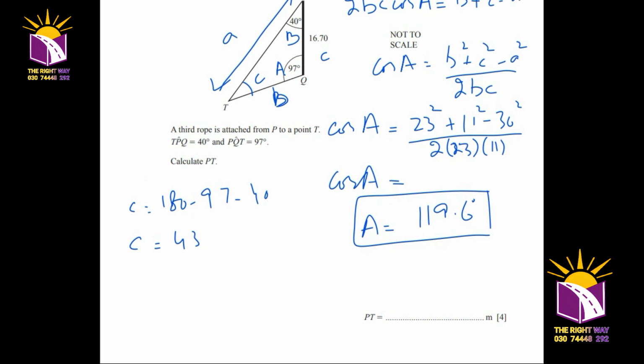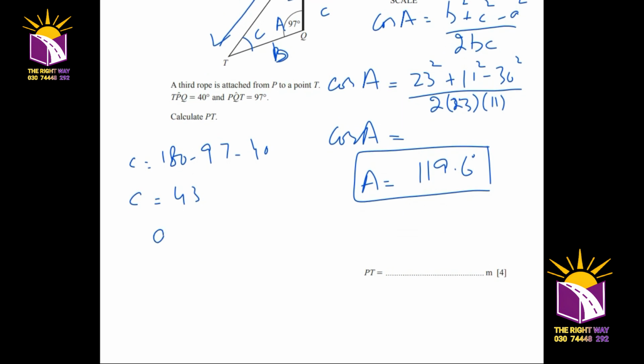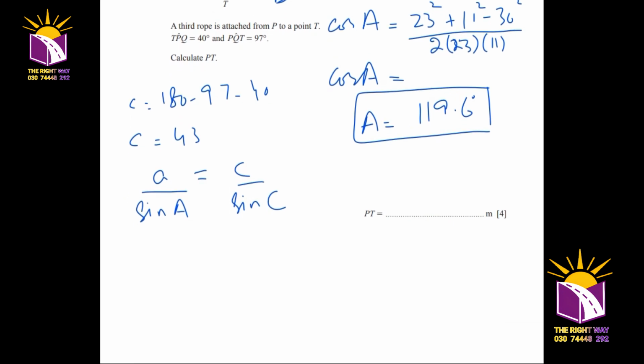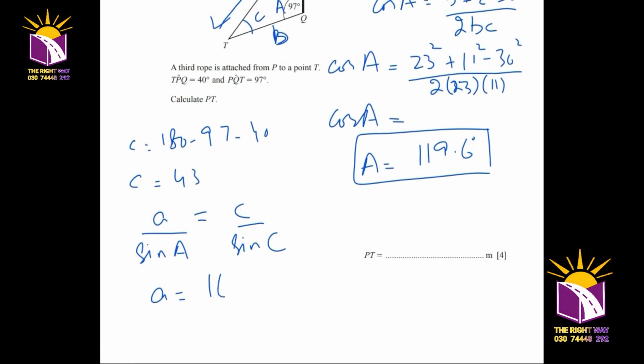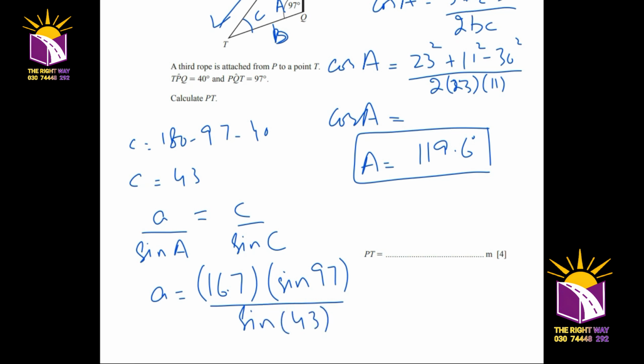So I have to find the side A. Using the law of sine, A over sine A equals C over sine C. So A will be equal to side C, which is 16.7, multiplied by sine 97 divided by sine C, and C we have calculated equal to 43.